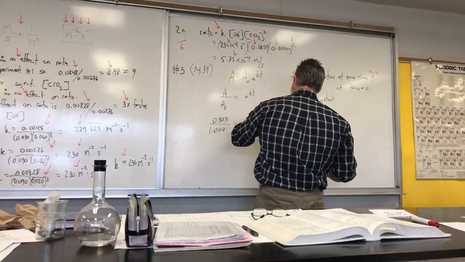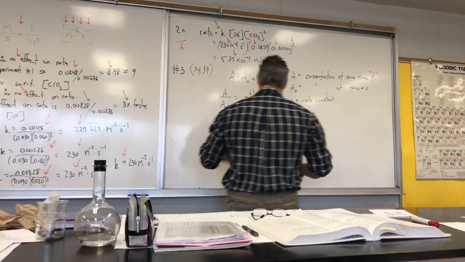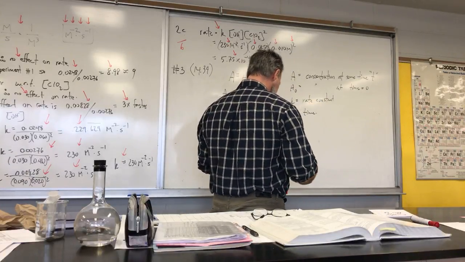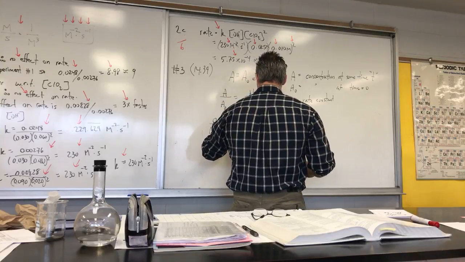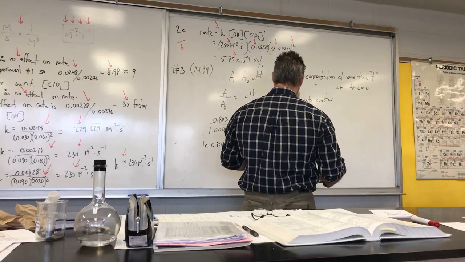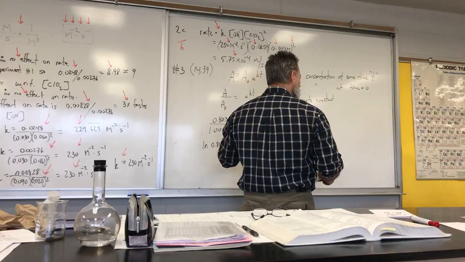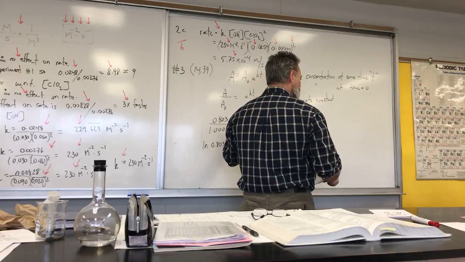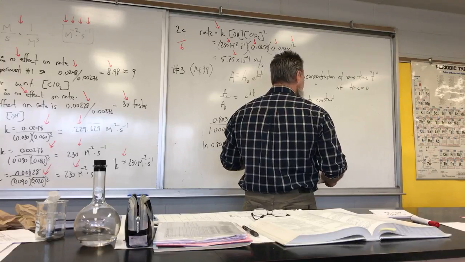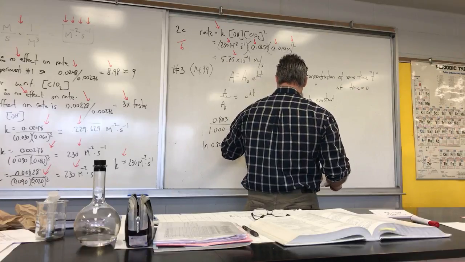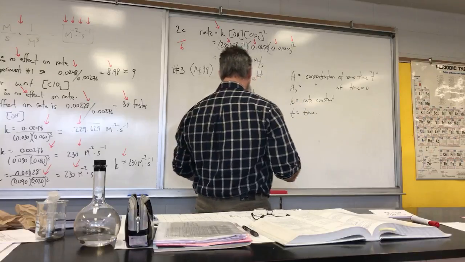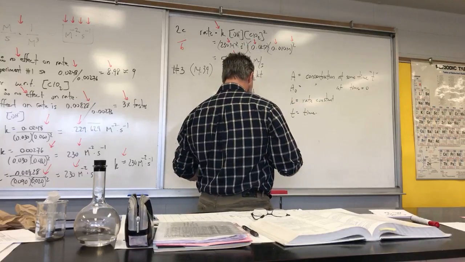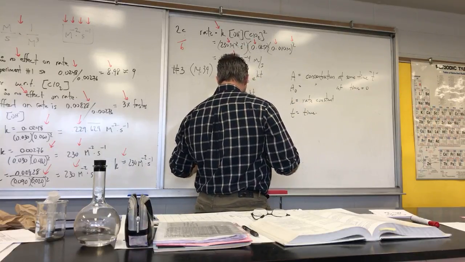And the time interval was 10,000 seconds. Take the ln of both sides. So you get ln of 0.803 equals ln of e to the k times 10,000. But when you take the natural log of something that's already e raised to a power, it basically gets rid of the e. So you get 10,000 k. And when you transpose that, well, first let's put down the value of ln 0.803.